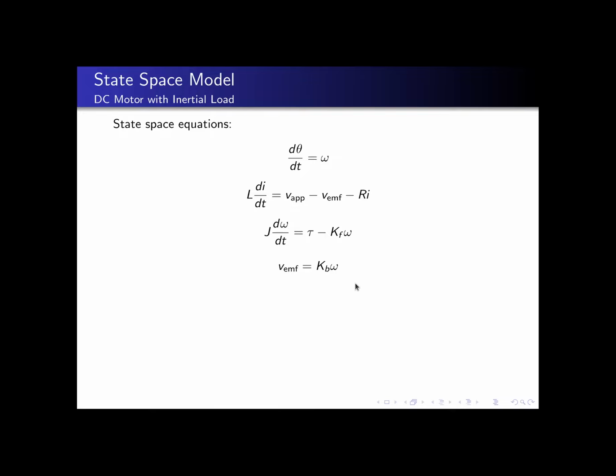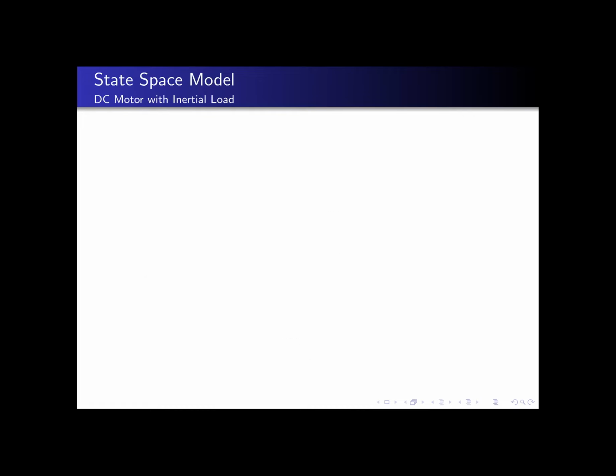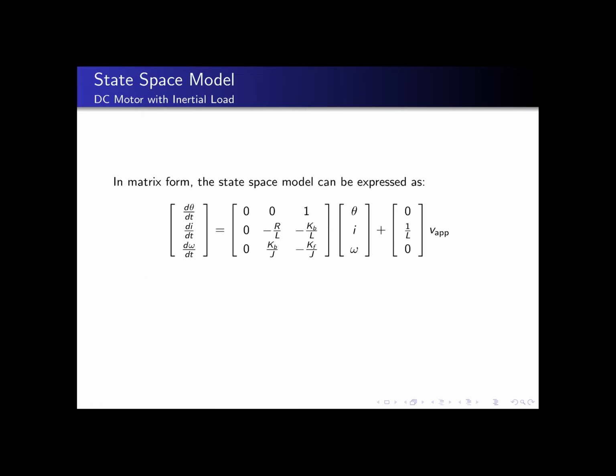So given those four equations, and here are the definitions which I just mentioned, we can derive a state space model from those equations. And it looks like this. Here we have omega being defined in terms of theta as the derivative of theta, and then the other equations that we had for connecting the rate of change of current and the rotational acceleration to I and to omega.